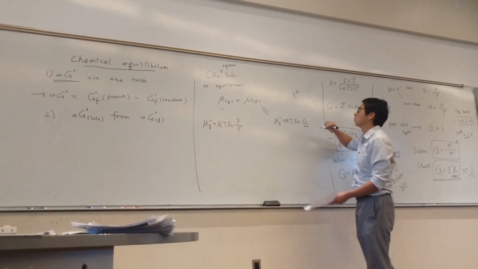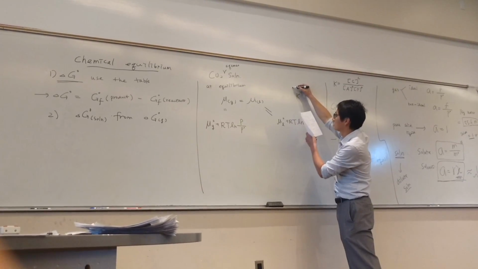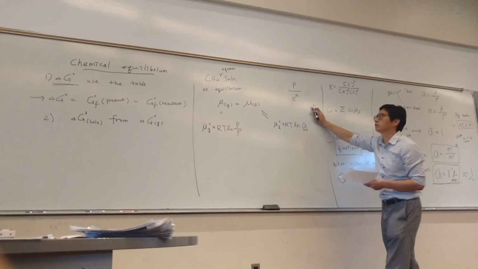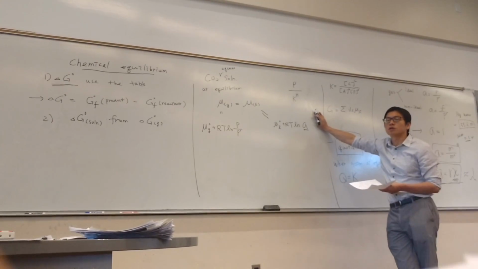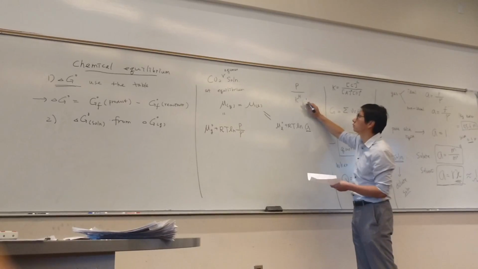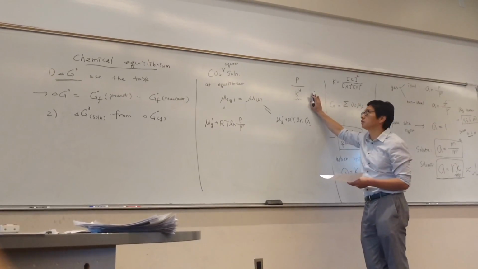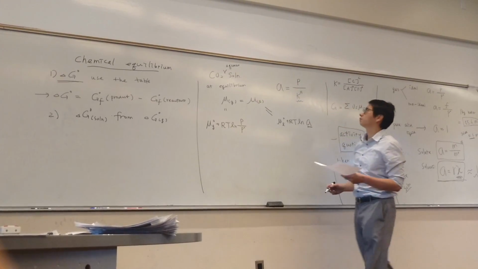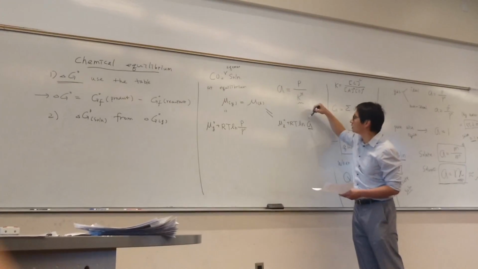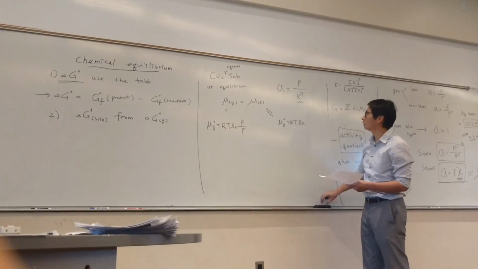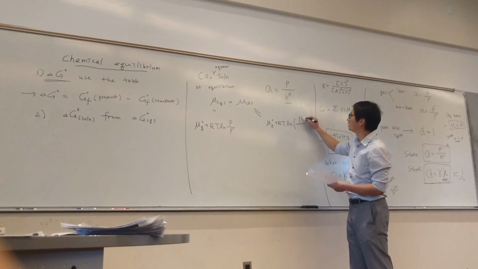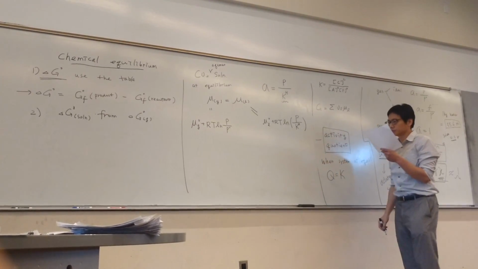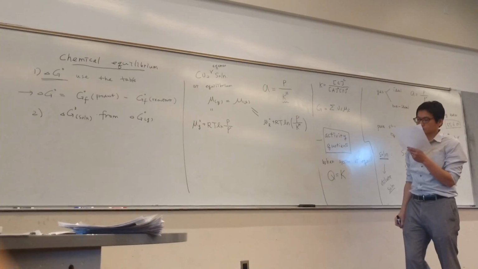So you can write A as equal to the vapor pressure you can measure above the water solution, referenced to your Henry's law constant. This will be your activity. Then we're going to put this in here, so this will be P over K_H.